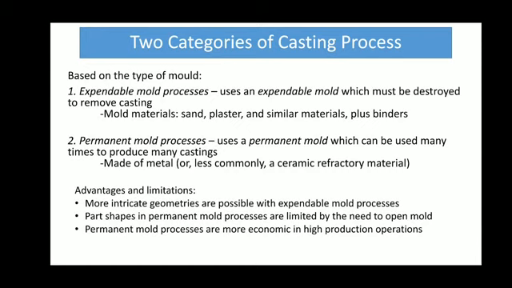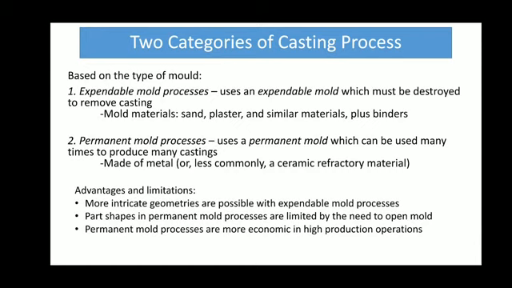In most cases sand, plaster, and similar materials are the mold materials in expendable mold processes. The permanent mold process, as the name itself suggests, uses a permanent mold which can be reused for producing multiple parts.